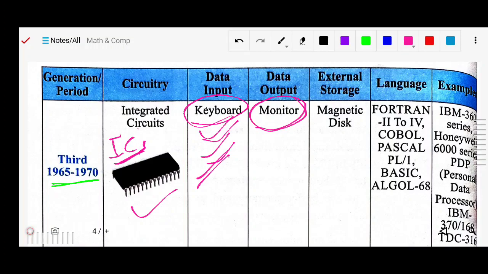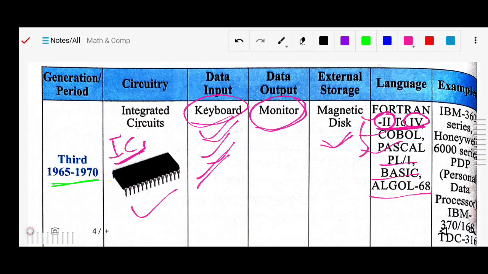External storage: magnetic disk. The language we use here is Fortran 2. Earlier we used Fortran 1, the first version. Now here we started using Fortran 2 to 4. Then COBOL, Pascal, PL/1, BASIC, then ALGOL 68.